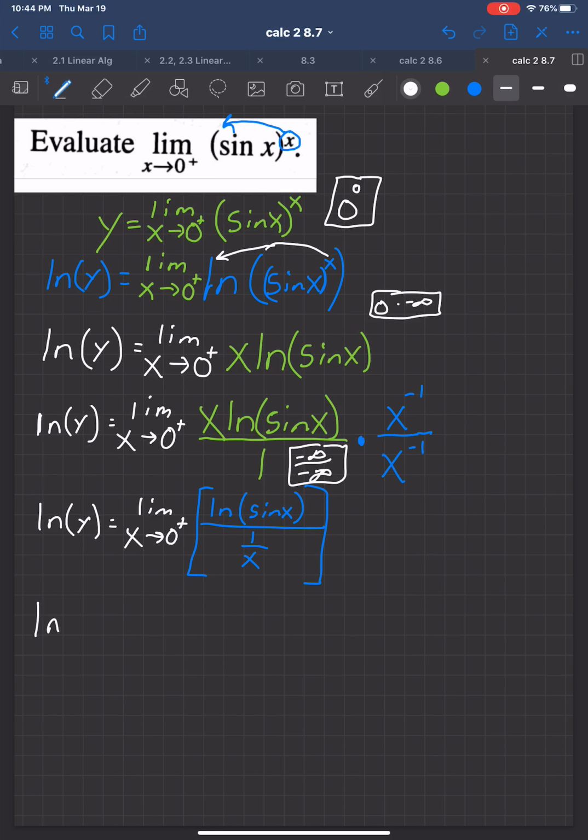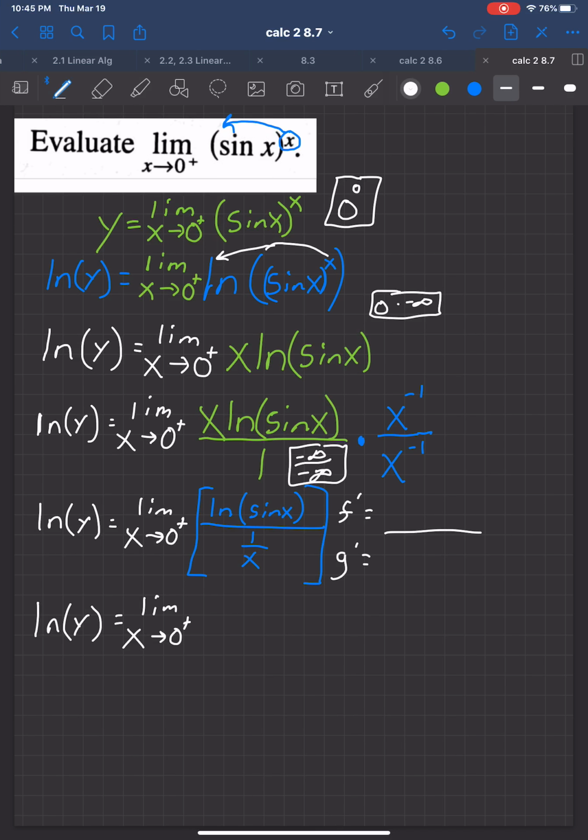So ln of y is equal to the limit as x approaches 0 from the right, and I'm going to do some work here. This is going to be f prime, g prime.